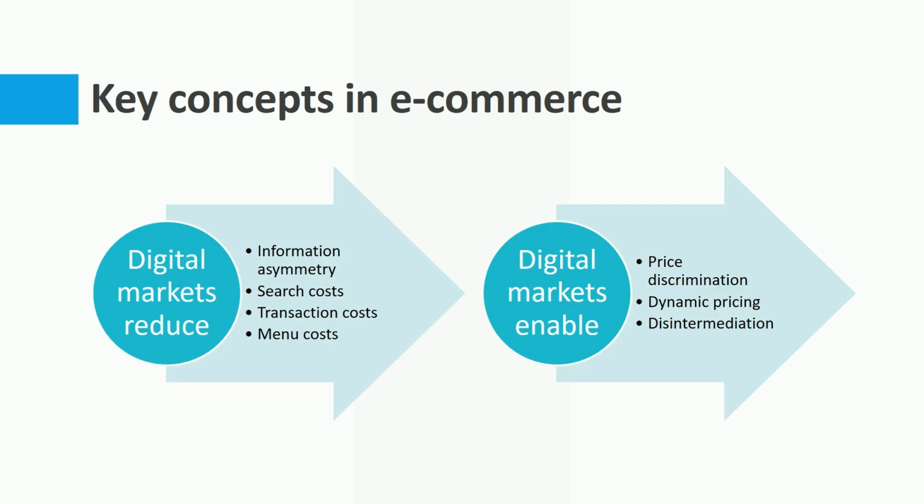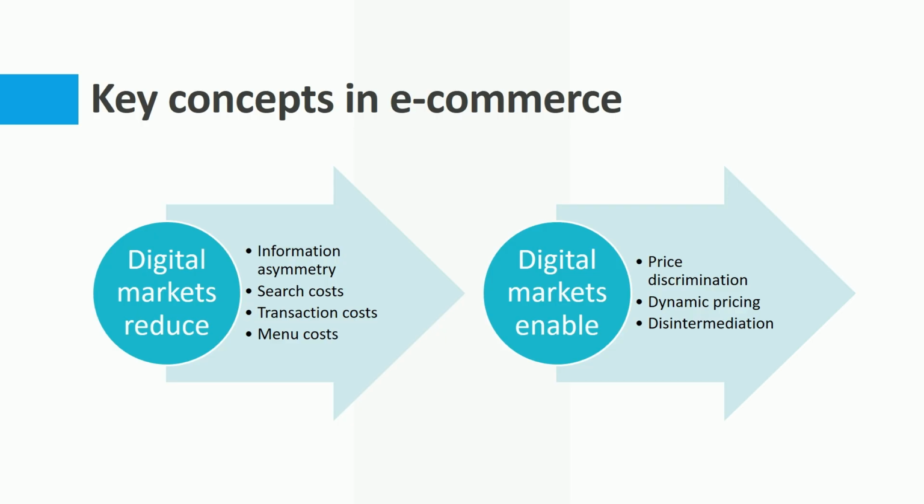The next one, digital markets can enable some of the following things. The first one is called price discrimination. So price discrimination here means we sell the same goods or nearly the same goods to different targeted groups at different prices.